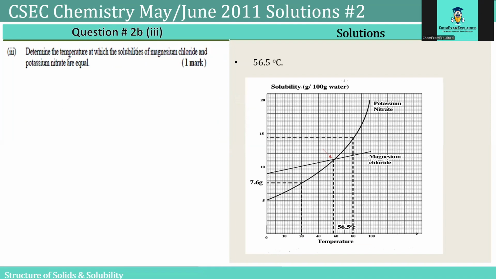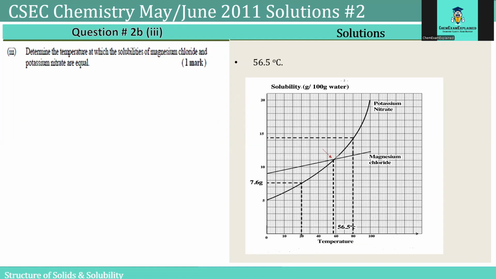2B Part 3. Determine the temperature at which the solubilities of magnesium chloride and potassium nitrate are equal. So let's go to the graph, and you'll see that we have our potassium nitrate curve here, and we have magnesium nitrate here, and they intersect at this point.